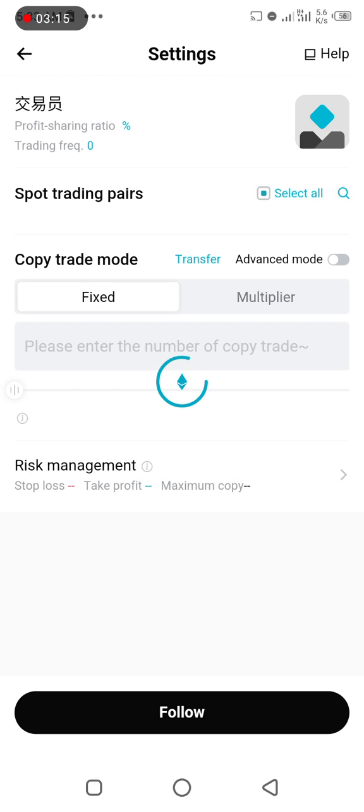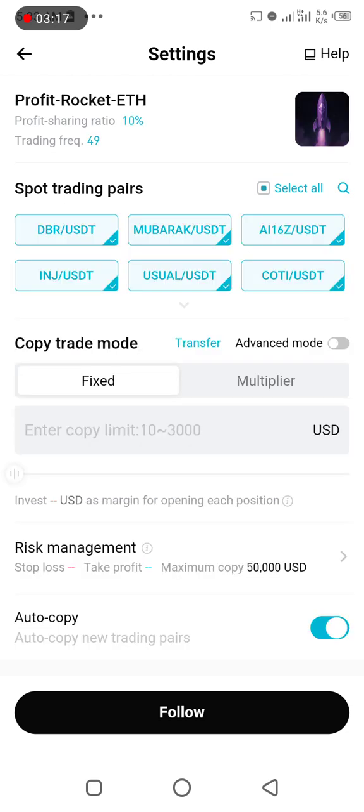As I click, you see spot trading pairs. So he's showing me I can set it in settings. It's already set on select all. I can copy him in all these pairs, all these currencies 1, 2, 3, 4, 5, 6. Or I can remove some pairs I don't like, and copy him on 2 or 3 only, depending.